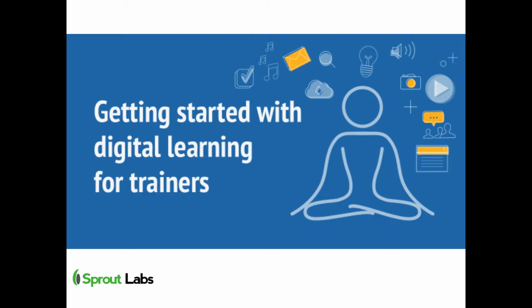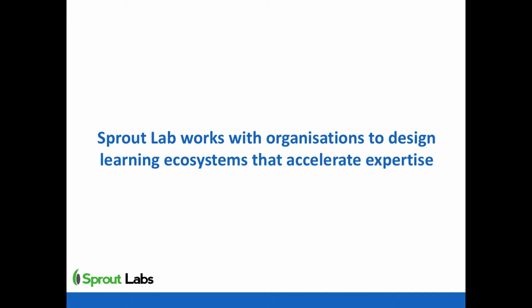Now, to start, I'm just going to give a quick overview of what Sprout Labs does. Essentially, we help organizations to design and build learning ecosystems that accelerate expertise. Generally, this means we're working with multiple parts that work together to build a whole. It's not just one bit of technology or one program, it's an interrelationship between things.